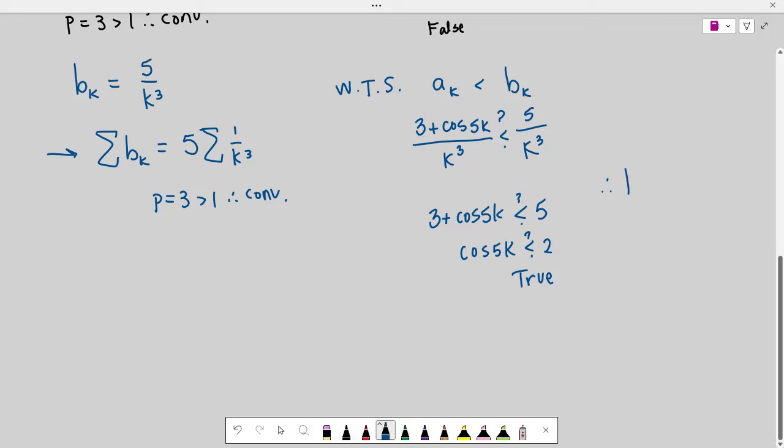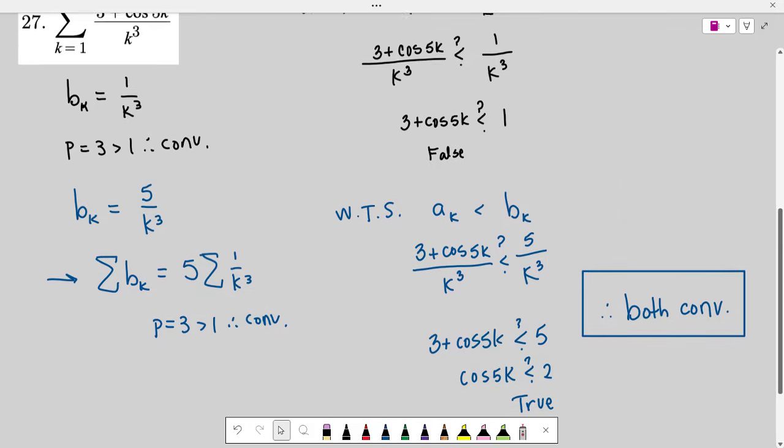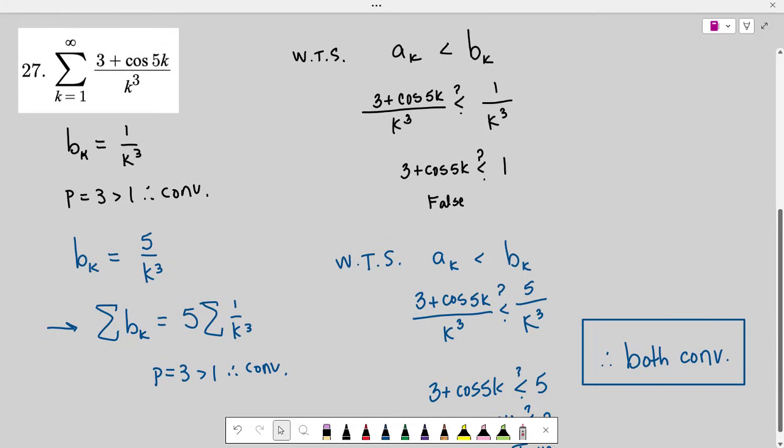So therefore both converge. Wait, I'm sorry, why did you choose b sub k to be 5 over k cubed? If we look at the nature of this failure, it is because this is not less than that. And that one up there in the top right came from right here.